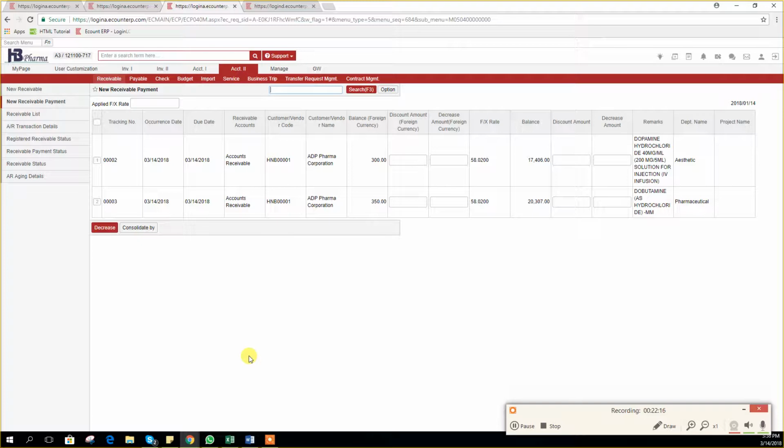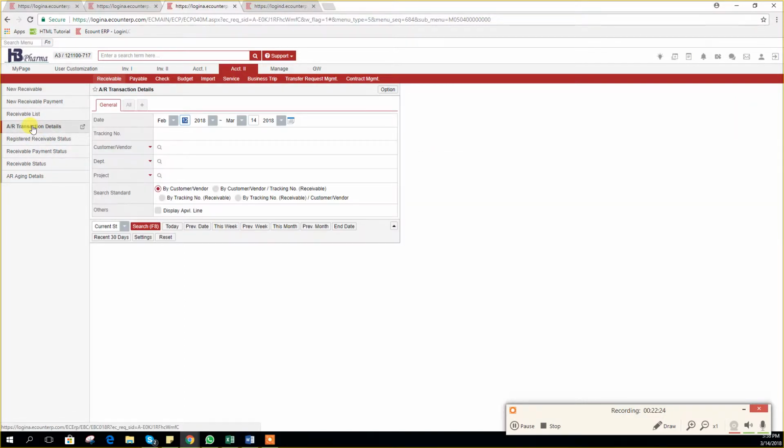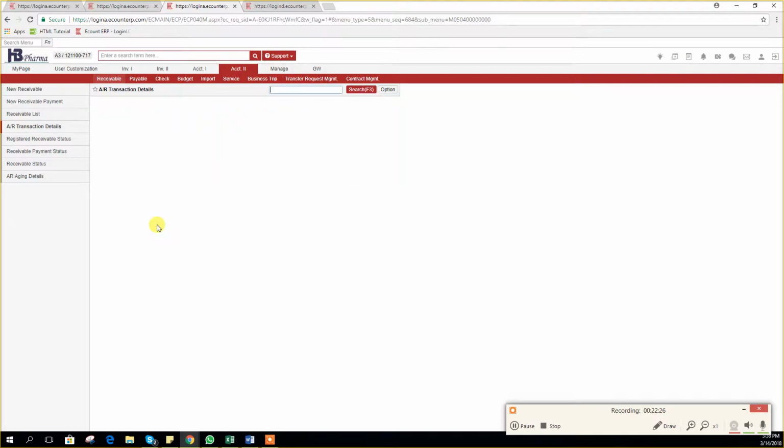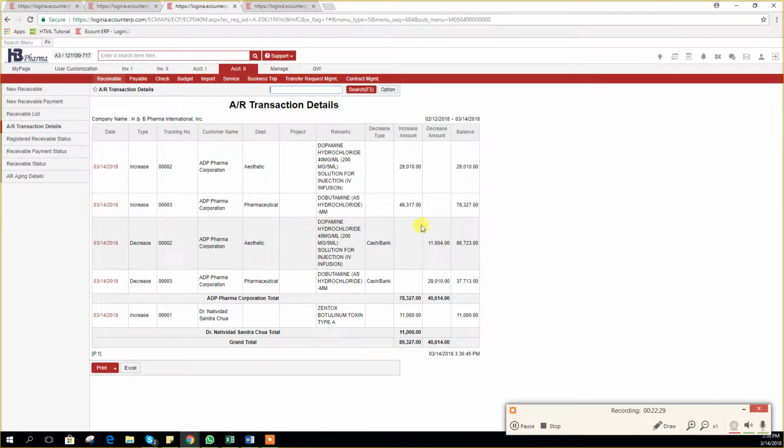How do you know it has already been paid? You can go to AR transaction details, and you can see this increase means in AR you made a sales invoice, you invoiced them, and then this decrease means you received payment.